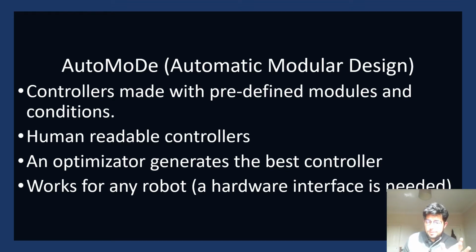Automode generates the best controller by switching these elements, the actions and the states, and in theory, these controllers should work for any robot as long as the robot has the necessary components. For example, we need a sensor that is pointing downwards. If your robot has that sensor, you could use this finite state machine generated.